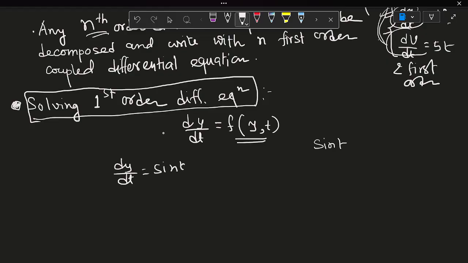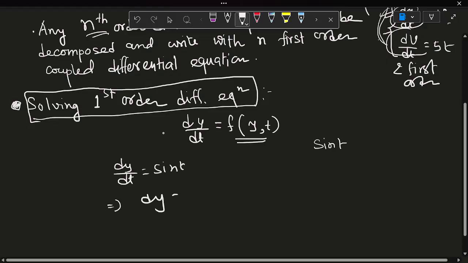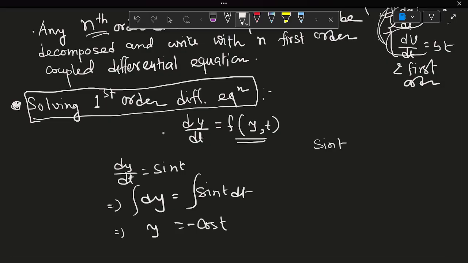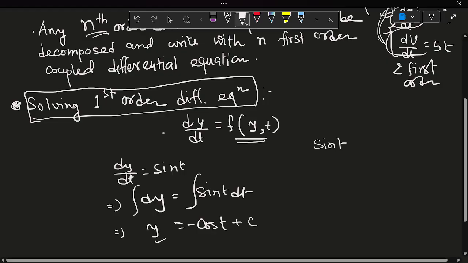You can just write it as the integral of sin t dt, and that will give you y, maybe minus cosine of t, you can check that, plus a constant. From the initial condition you will get the constant and you will solve it.